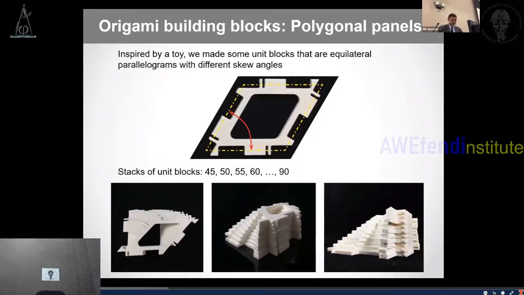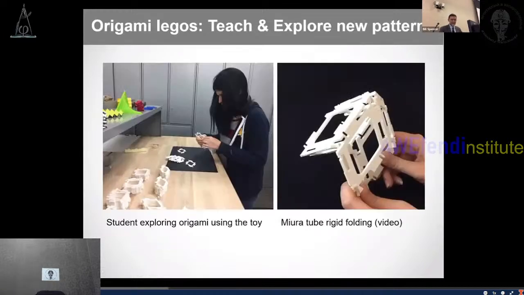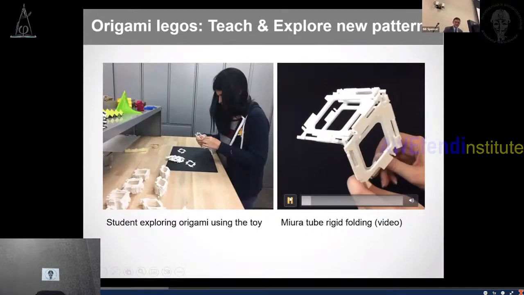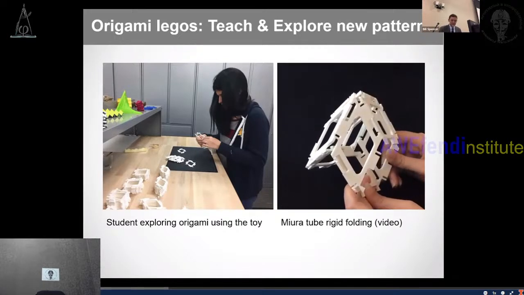We were inspired by a toy in Japan, but then we generalized all the angles of the parallelogram, and we printed hundreds of thousands of those Legos. You can see here the key idea of these connections, so that it allows us to play with the Legos and reassemble the origami. And here is Larissa, for example, making a Miura with the Legos.